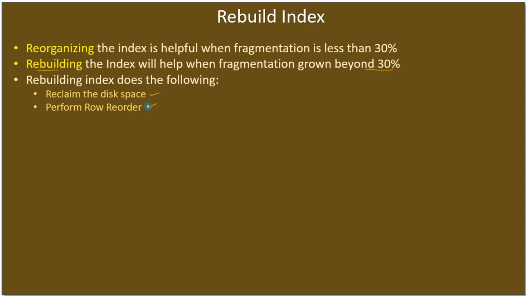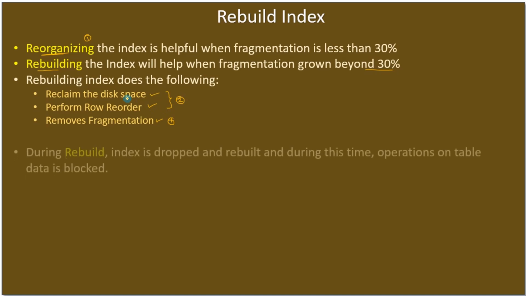So by doing the row reorder, you can get some more additional space, and it removes fragmentation. That will be done by the reorganizing as well. So it performs the task of reorganizing by removing the fragmentation. On top of that, it will perform operations specific to rebuilding.